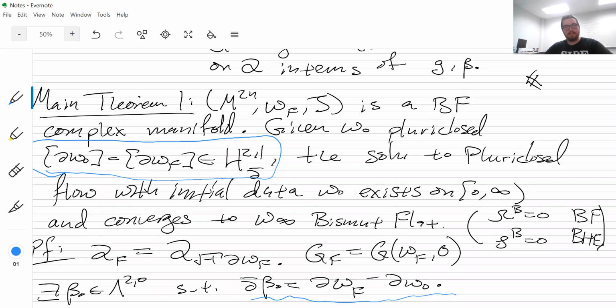So that's where this cohomology condition comes from. Strictly speaking, that's really just a structure of the holomorphic vector bundle, I guess. Maybe that's what you're getting at.